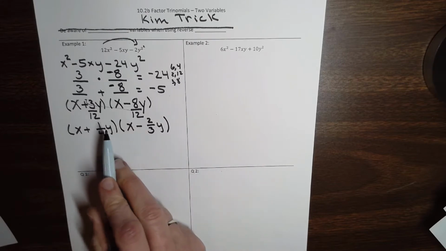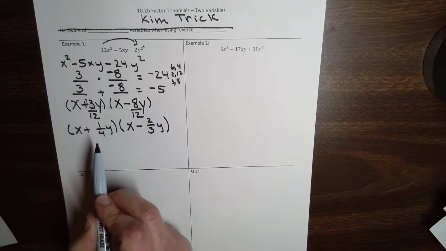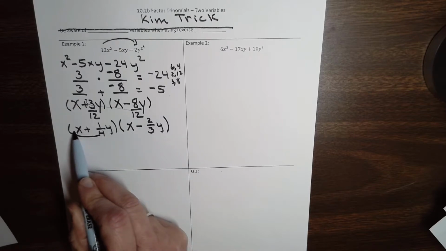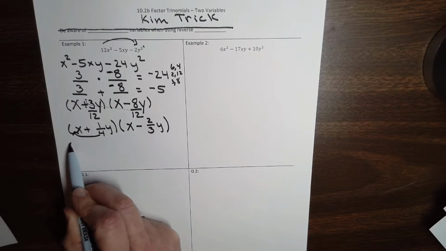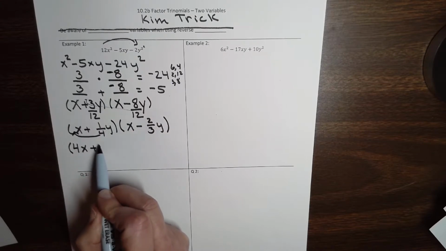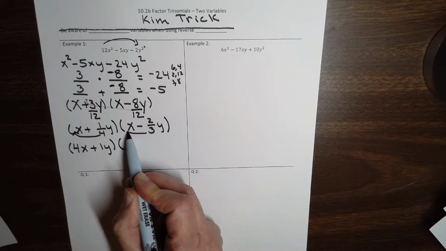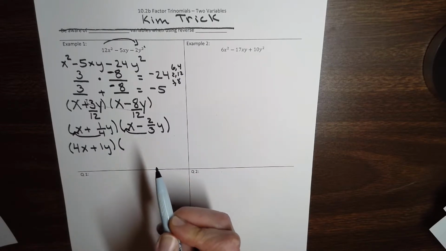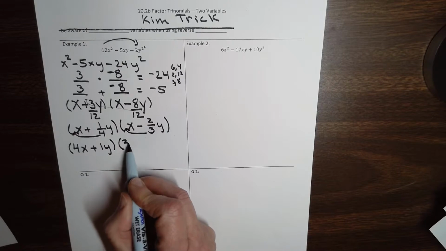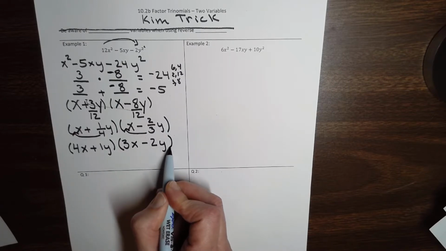If the fraction reduces and you still have a denominator number, that goes in front of the variable in the same parentheses. So that would be 4x plus 1y. In the second one, you bring the 3 in front of the variable in the second parentheses, 3x minus 2y.